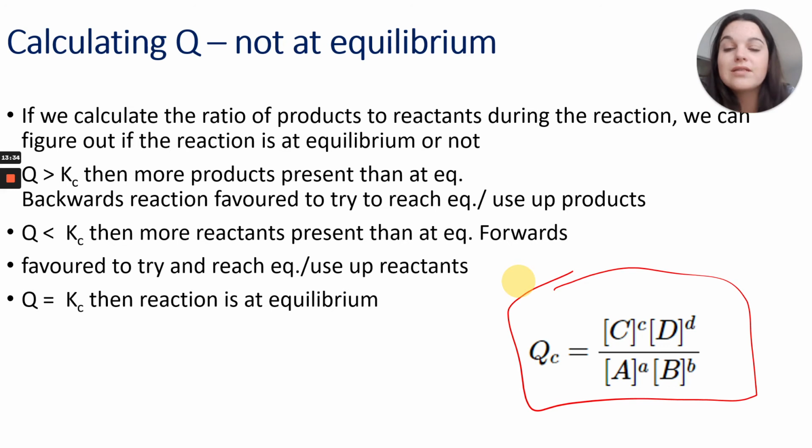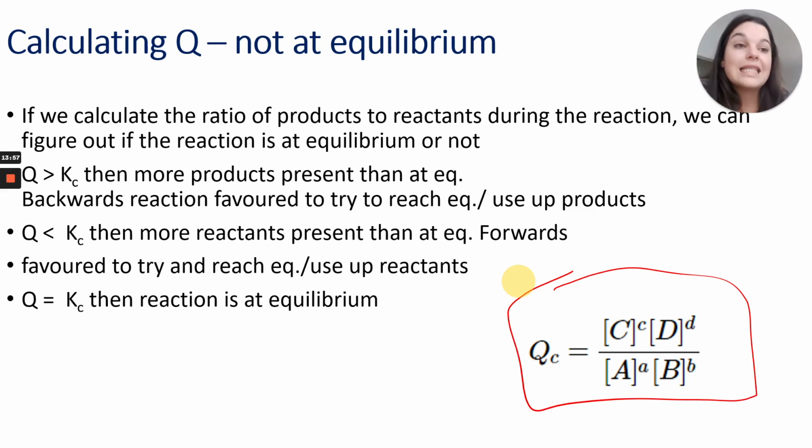So if Q is a lot bigger than Kc, then what this tells me is at this point in particular, I've got a lot more products than I do reactants. So the backwards reaction needs to be favoured to try and reach equilibrium and use up those products.